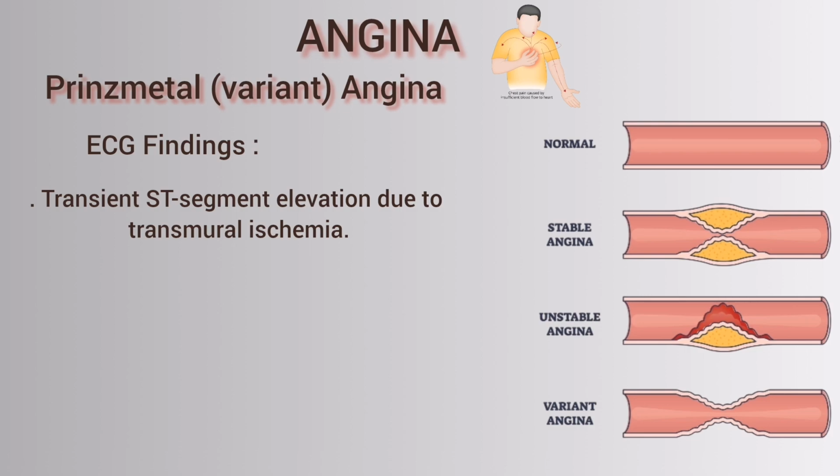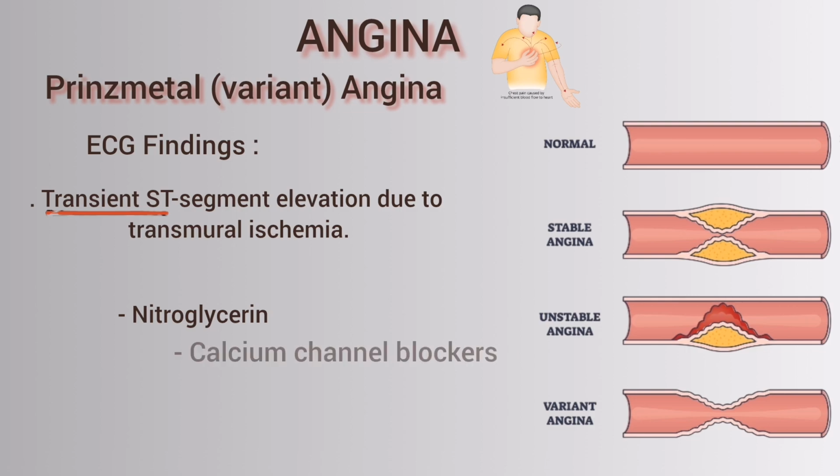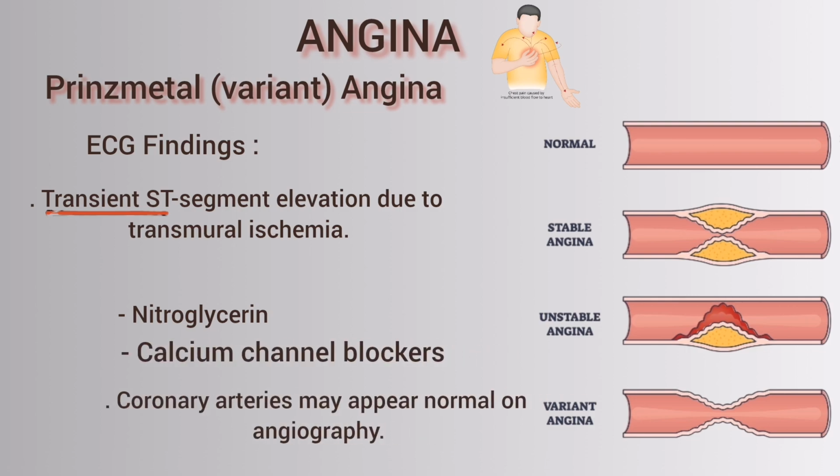The point to remember is that the ST segment elevation is just transient, not permanent. The treatment in this case is nitroglycerin and calcium channel blockers. Coronary arteries may appear normal on angiography in this case.